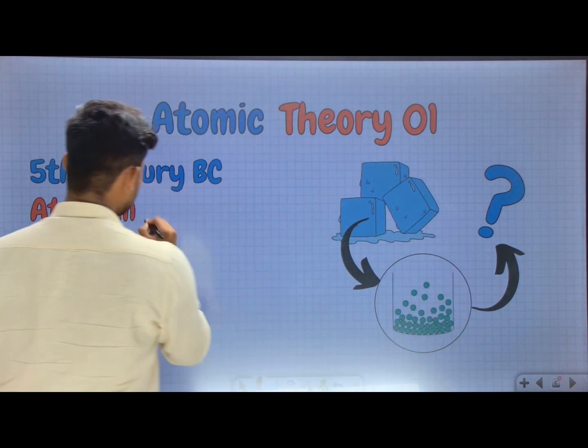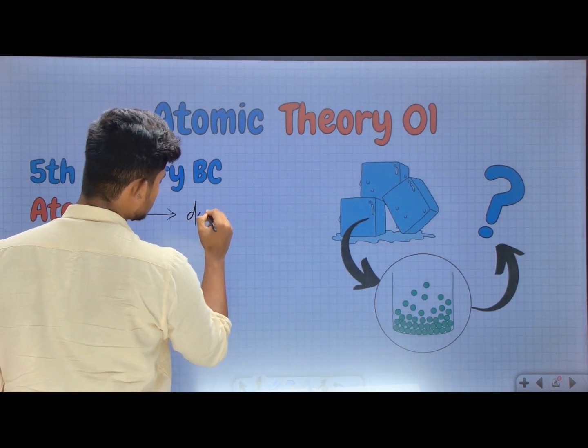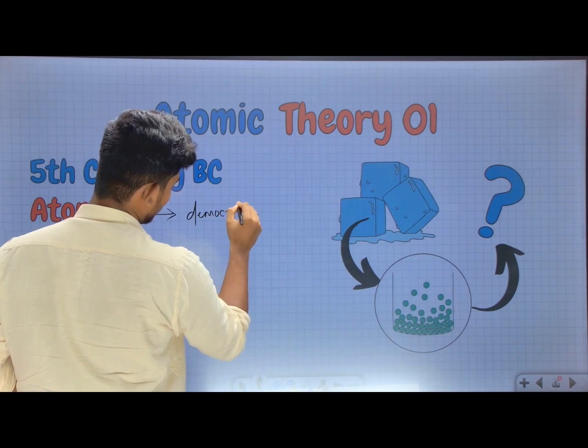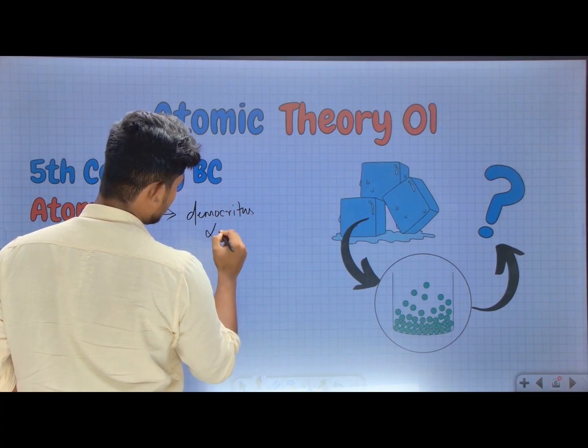This theory of atomism was proposed by Democritus and his disciple Leucippus.